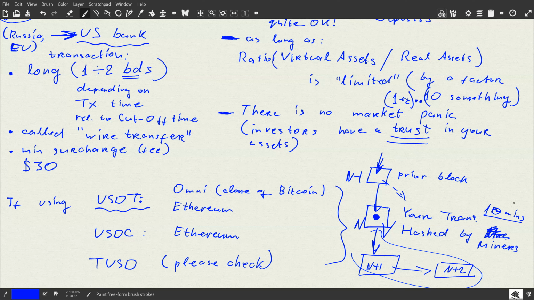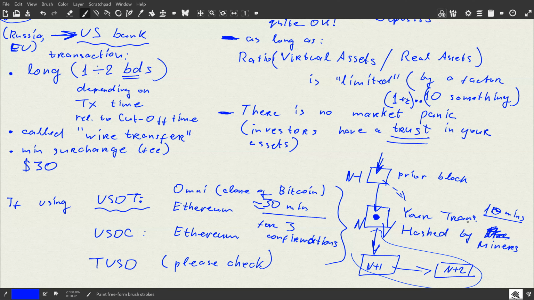Therefore, let's say for USDT over Omni, we're talking about 30 minutes for 3 confirmations. And although theoretically any transaction can be reversed, it is absolutely improbable, with a probability less than, let's say, 10 to minus 100, you can calculate it, that it would be reversed if 3 successful blocks were signed, including the nth block which contains your transaction.